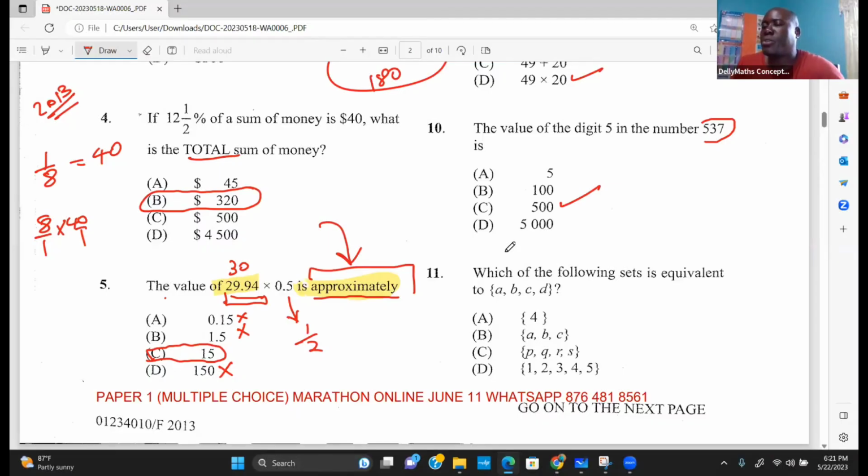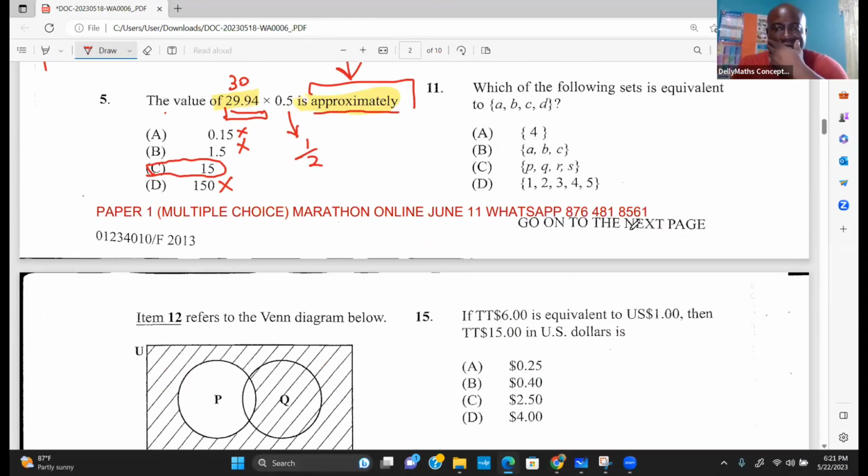Because if I ask you to read that number, you would say 500 first. That means you're telling me that the 5 is 500. And then you said 30. So it's like you're telling me that the 3 is valued at 30, and then you say 7. 537. So if you listen to yourself, you're naturally saying it.